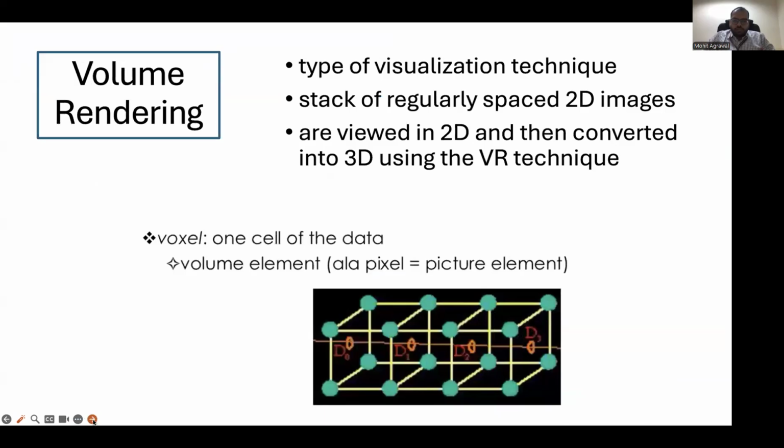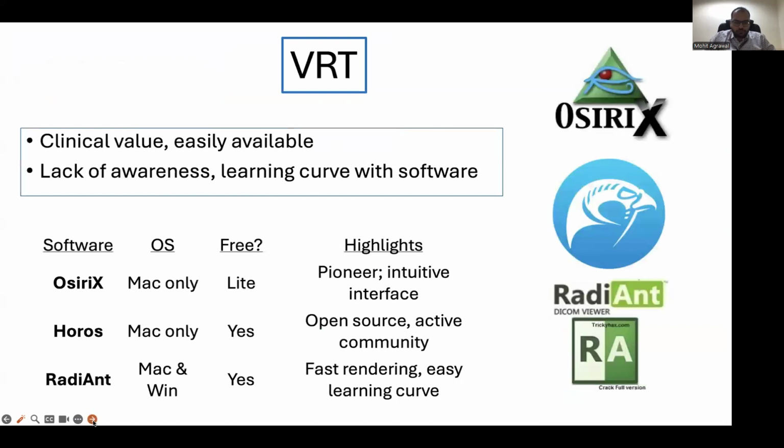So, what is volume rendering? This is where volume rendering comes in. It is basically a type of visualization technique wherein a stack of regularly spaced 2D images is converted into 3D using the VR technique. It is all done by the software. It is clinically very valuable and it is easily available.